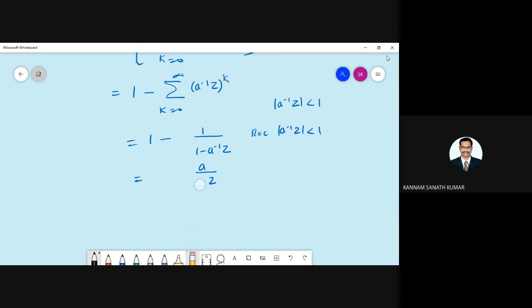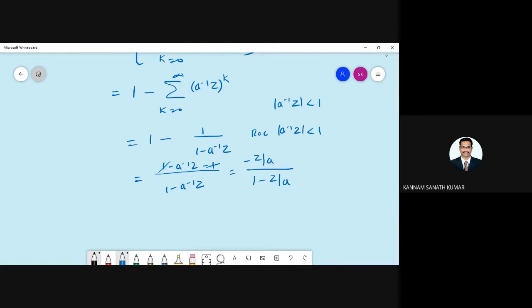take LCM. So if you take LCM, what is the LCM? 1 minus a⁻¹z, 1 minus a⁻¹z minus 1. So minus 1 plus 1 cancel. So minus z by a divided by 1 minus z by a.